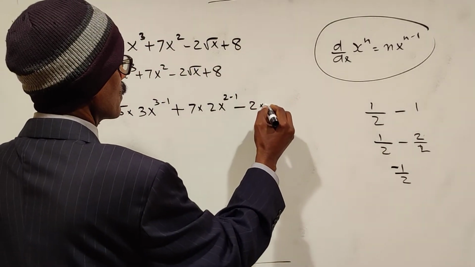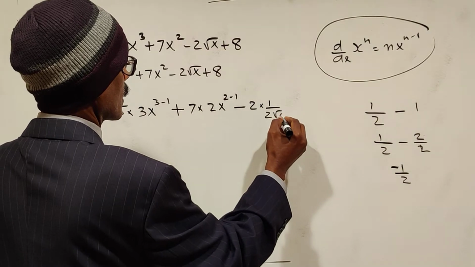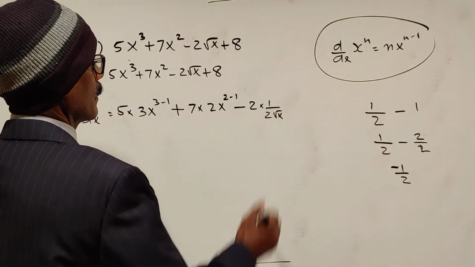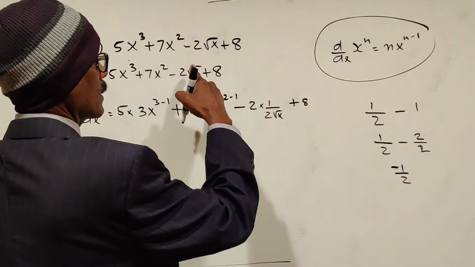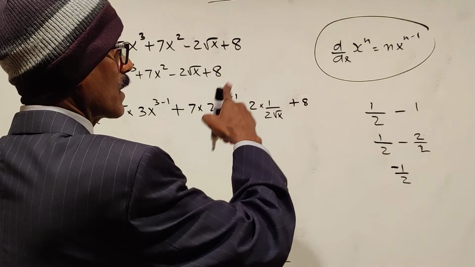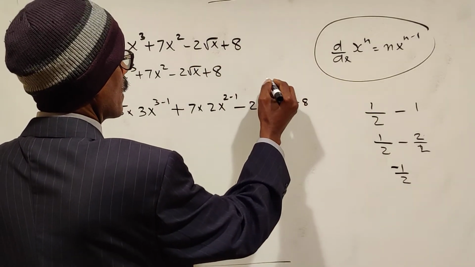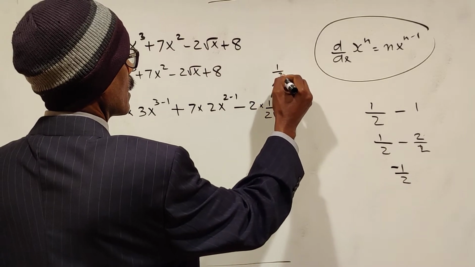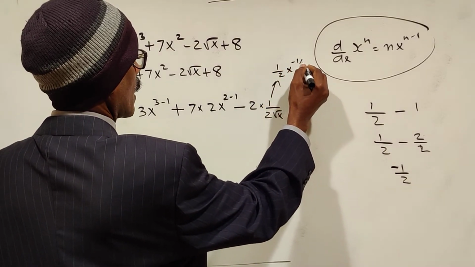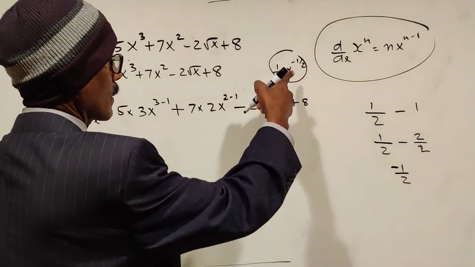Derivative of root x is 1 by 2 root x, plus 8. Or you can write x to the power half: half times x raised to half minus 1, negative half. We just did this.